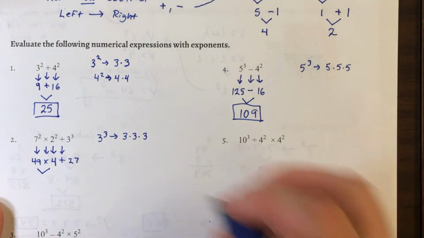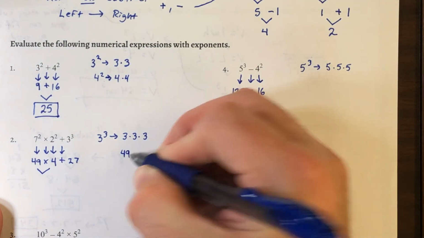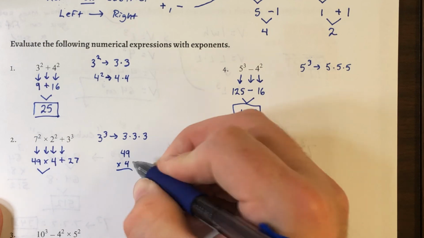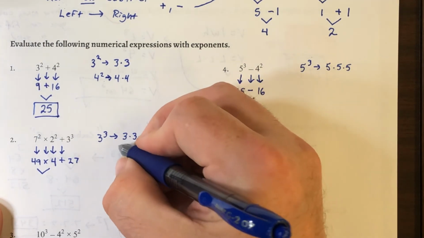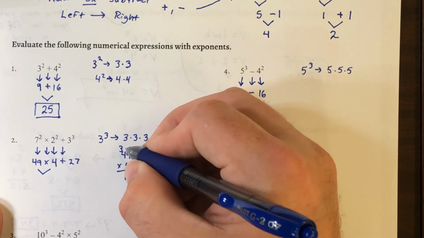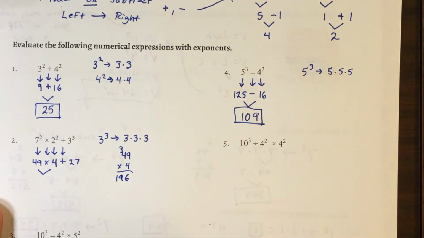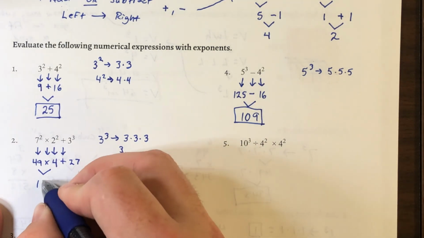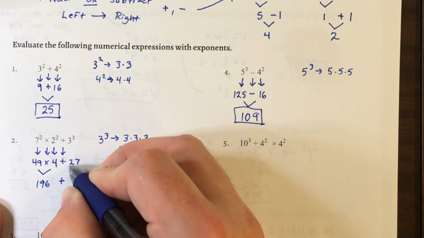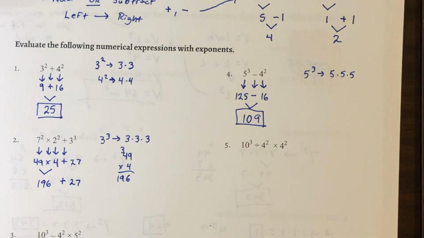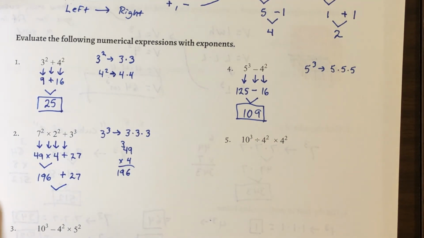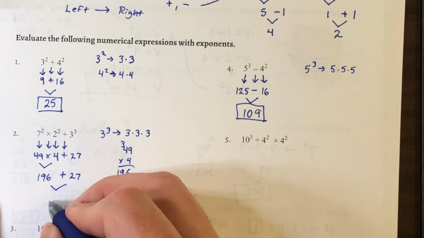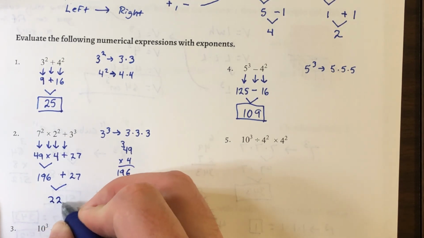All right, let's show a little work off to the side where it belongs. 4 times 9 is 36. 4 times 4 is 16, plus 3 is 19. 196. Bring down our plus, bring down the 27. Are there parentheses? No. Exponents? No. Multiplication or division? No. Addition or subtraction? Yes. What's 196 plus 27? Let's see. 223.